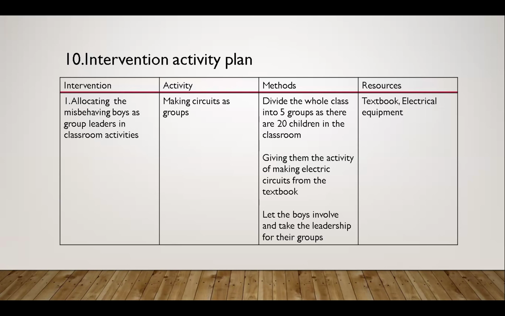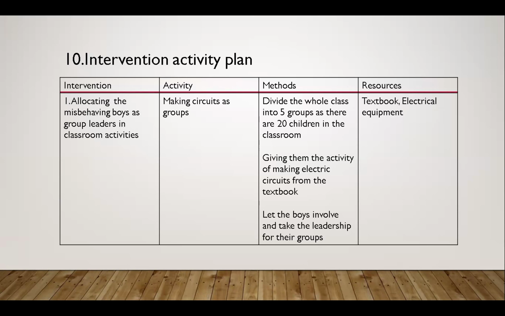The first one is allocating the misbehaving boys as group leaders in classroom activities. As science has many activities to be covered, I thought of allocating the misbehaving boys as group leaders. The activity is making circuits as groups.